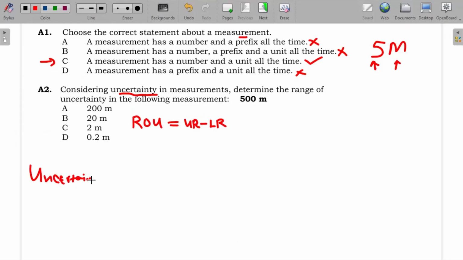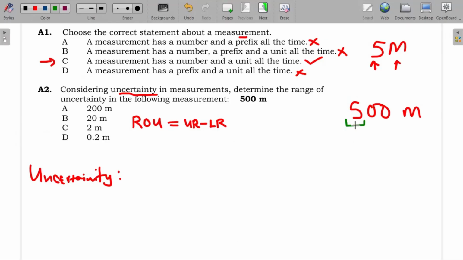The uncertainty is always in the last significant number of the measurement. This one has been given as 500 meters. The last significant number here is this 5. In fact, it's the only one, because there's no decimal point, so these zeros are not significant.